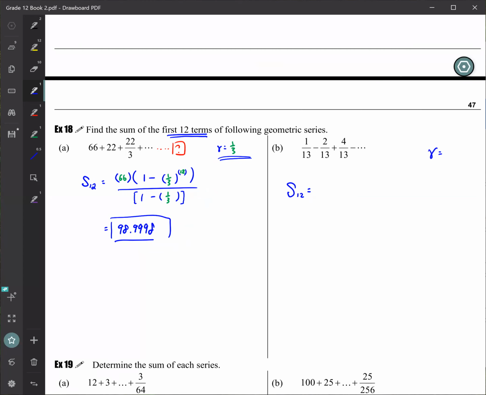You need to get the ratio first. Donna, what's the ratio? -2. -2, very good. Please raise your hand if you found the answer.